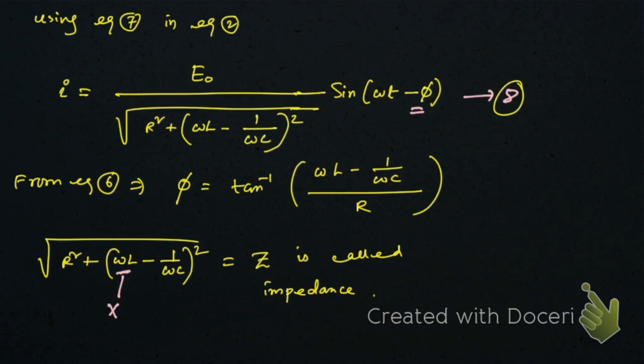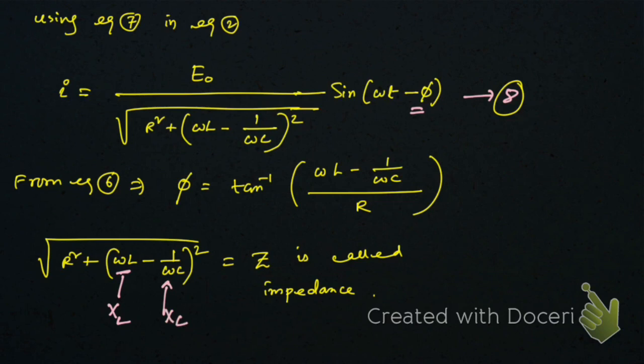We have already discussed this in the previous lectures. Links of those lectures are given in the description box. If you want, you may go through them. So this is XL and this term is XC, right?